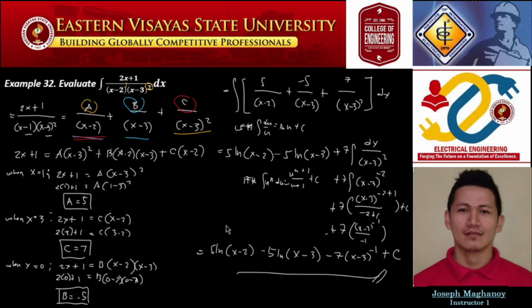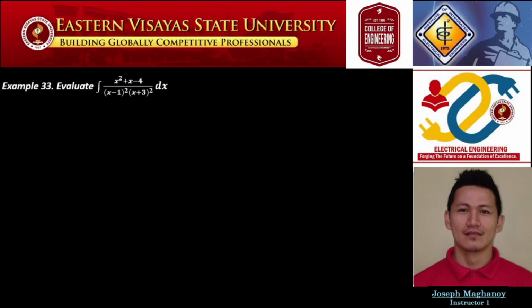Okay, so moving on to your next example. For case number 2, we have example number 33. Evaluate the integral of x squared plus x minus 4 all over quantity x minus 1 squared, quantity x plus 3 squared.